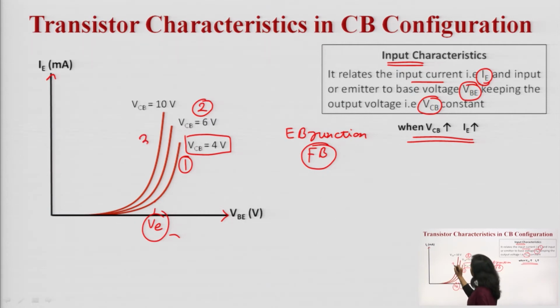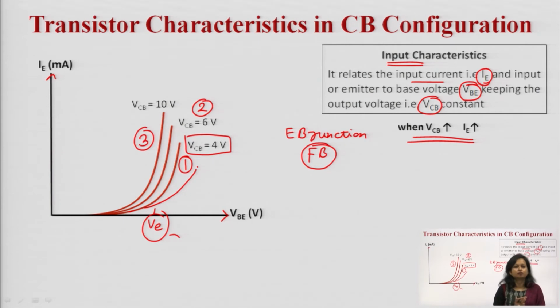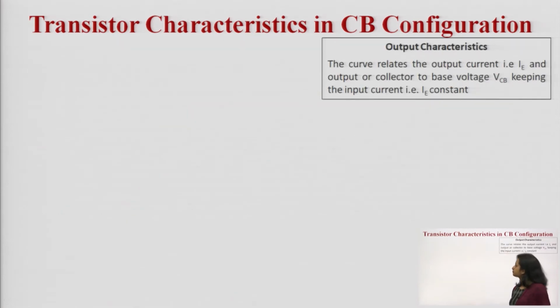Upon increasing VCB further up to 10 volt, 20 volt, IE will also increase. And if you decrease VCB down to 2 volt, the curve will be at this particular point. So just remember the concept of base width modulation and you will be able to plot this. So this is the input characteristic curve.